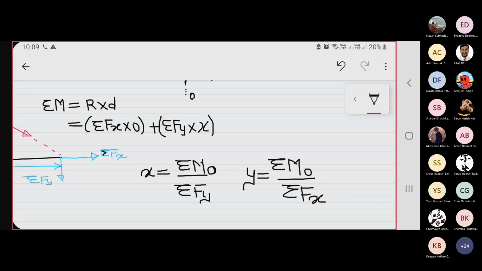Just remember, the x-intercept is equal to summation of moment divided by summation of forces in y direction, and the y-intercept is equal to summation of moment about that point divided by summation of forces in x direction. Please note down this formula in your notebook.